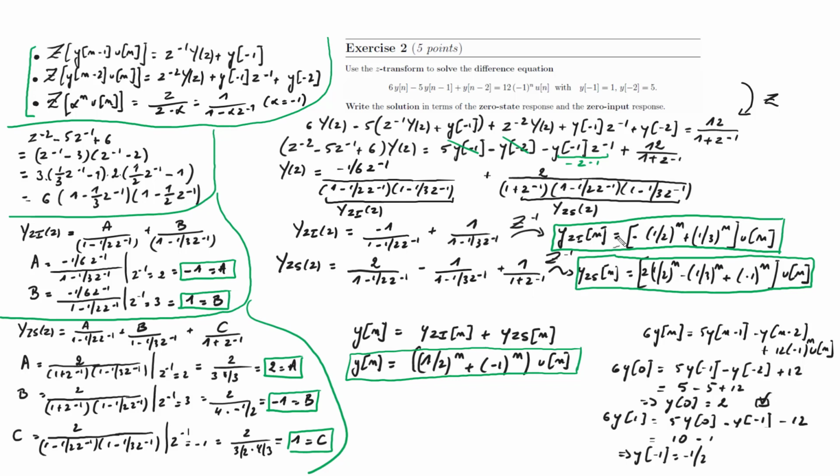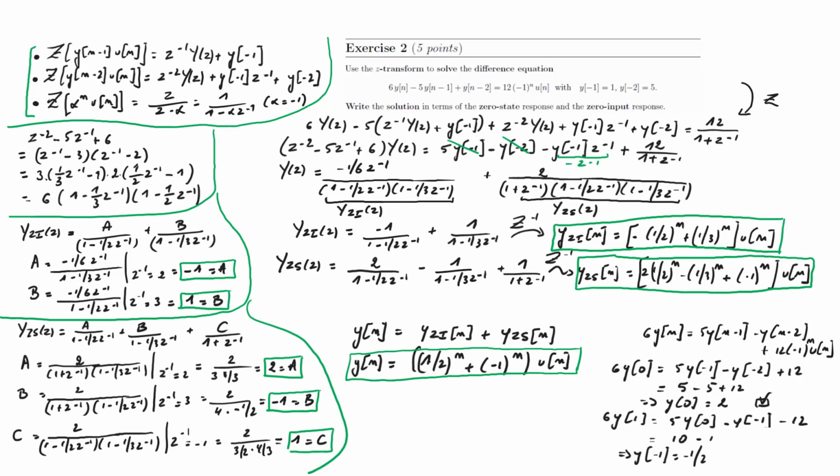And this is how you obtain the zero state response here and the zero input response over here. The final solution of the difference equation is of course the sum of the zero state and zero input response, and if you add both of them, you see here that these ones will cancel out. This is what you obtain.